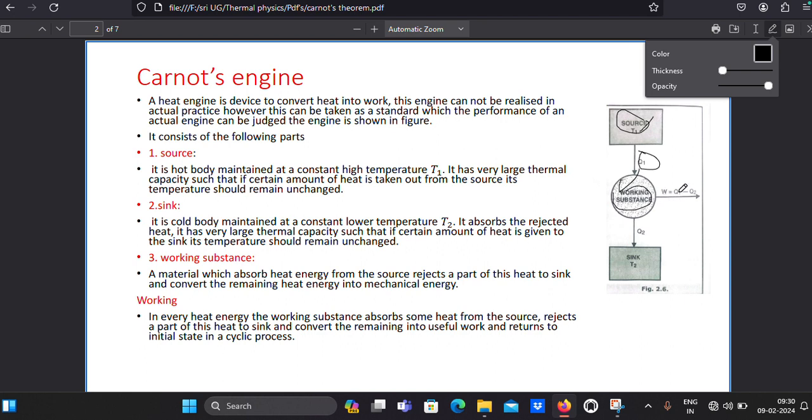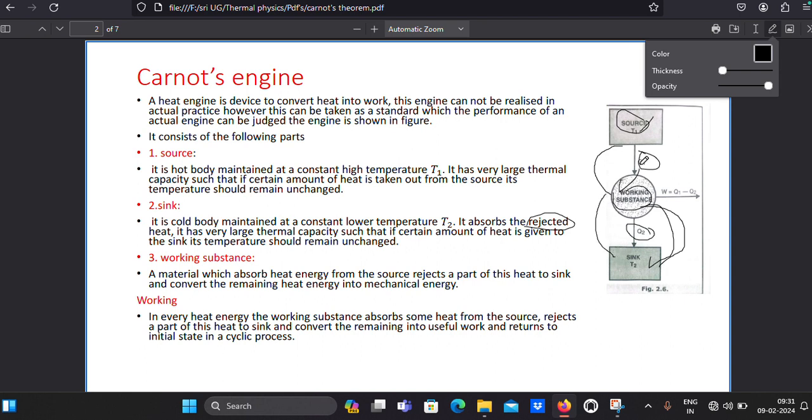The remaining heat is given to the sink at T2, called Q2. Here we do not use the word giving, we use the word reject. So part of it is rejected to the sink.